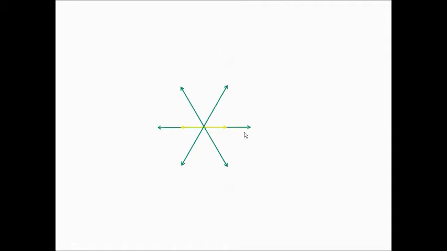So when L equals 1, I can have this case, which is called M 0, this case M 1, and this case M minus 1.